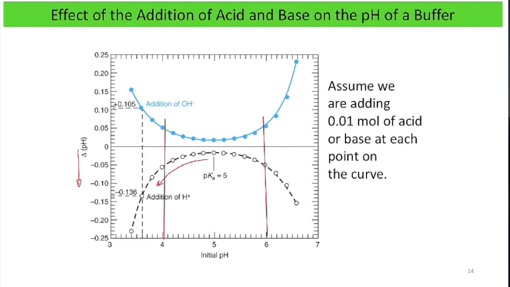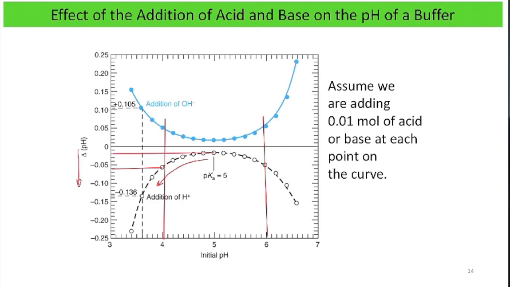So the useful buffering range is between those two lines. You can see that in that range, the pH is not changing all that much. We have a change of approximately, say, 0.05 pH units as we go from a pH of 5 to a pH of 4.